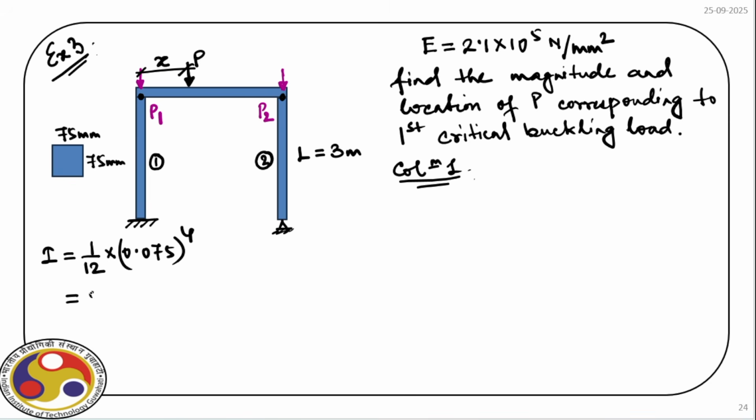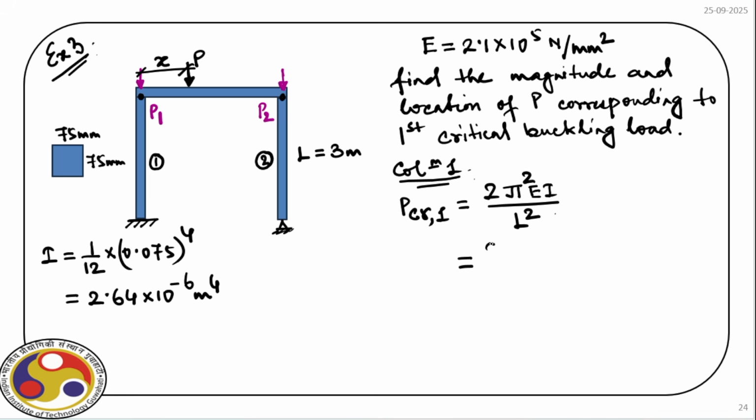Now if you evaluate this, we have 2.64 into 10 to the power minus 6 meter to the power 4. So for column 1, we have P critical 1 is equal to twice pi square EI divided by L square.